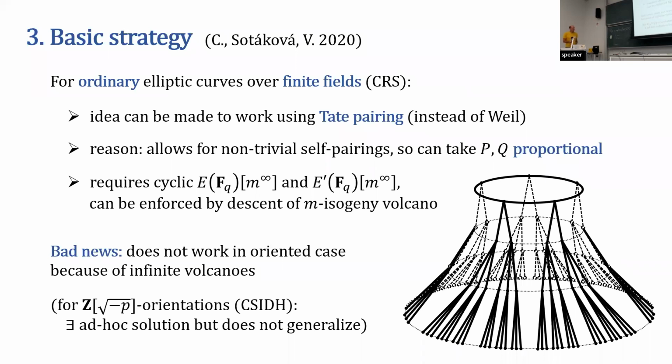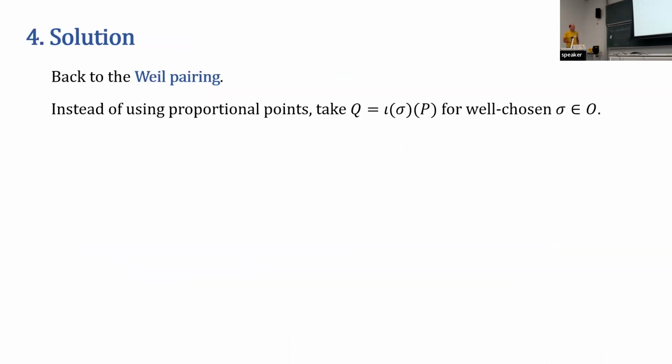Okay, thank you. So we go back to the Weil pairing. Tate is ruled out. Now, instead of using proportional points, we want to use points P and Q that are related through one of these isogenies or one of these endomorphisms that we get for free from the orientation.